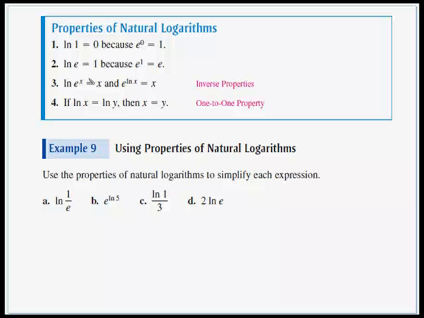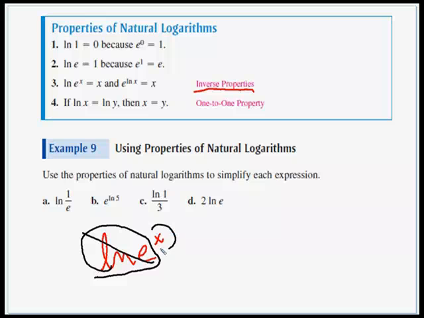The ln of e to the x is equal to x, and e raised to the power ln of x equals x. That's because the ln and the exponential are inverse properties. And here's number 3, the ln of e to the x. Well, the ln and the exponential are going to cancel each other out, so we're just left with the exponent x.